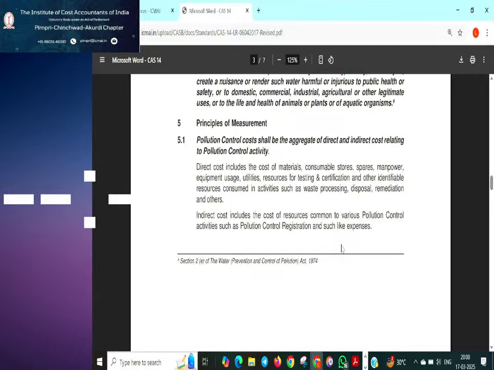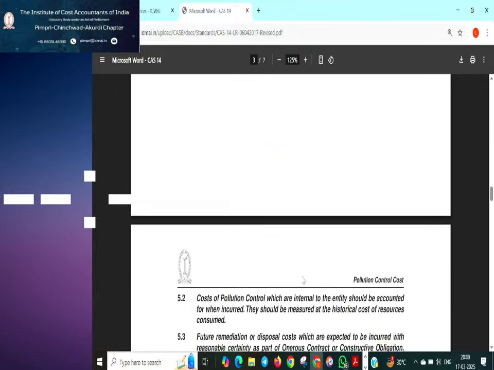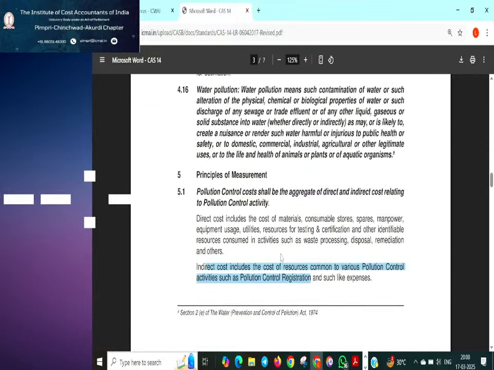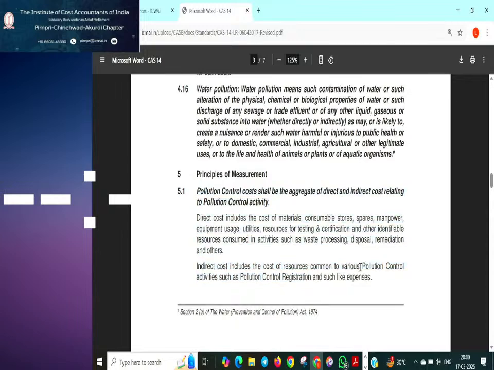So where you register, where you pay inspection fees to the authorities who come from the Pollution Control Board, all those are indirect costs which are related to it, but not directly to pollution control expenses. So this is an important principle of measurement that you've got to remember.